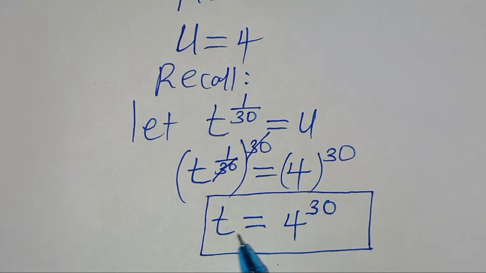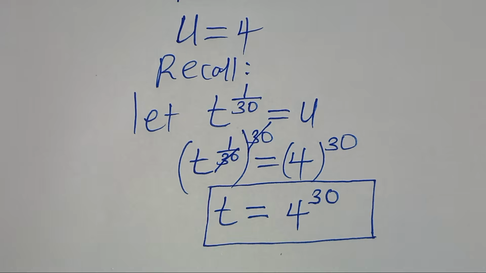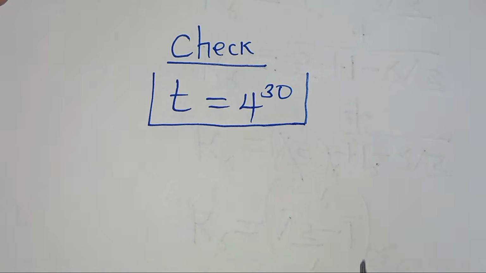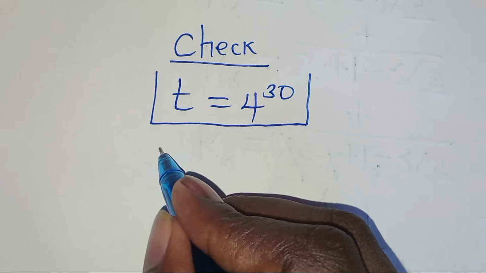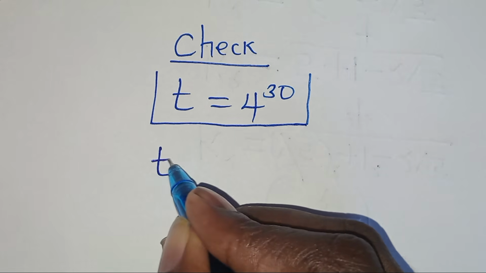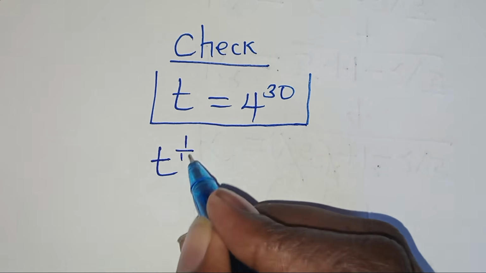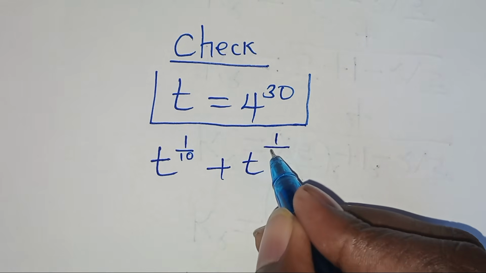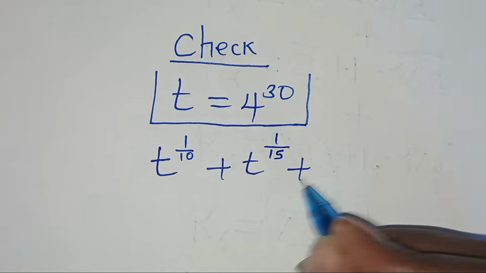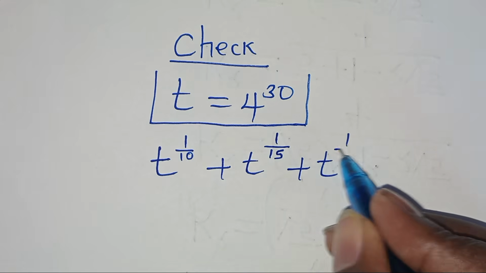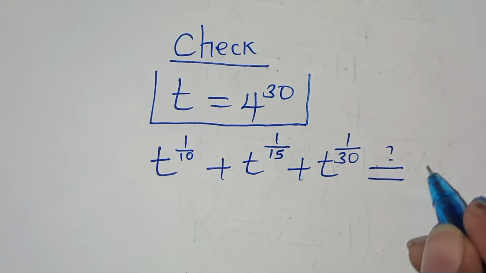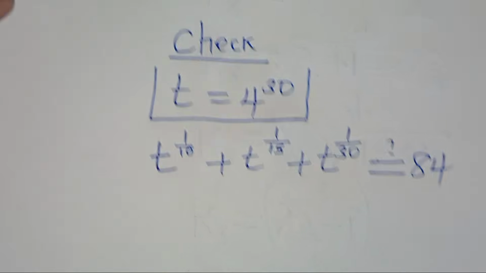So the next step is to check if this value of t, which is 4 to the power of 30, satisfies the equation. Now if you recall, we have t to the power of 1 over 10 plus t raised to the power of 1 over 15 plus t raised to the power of 1 over 30. This should give us a value of 84.